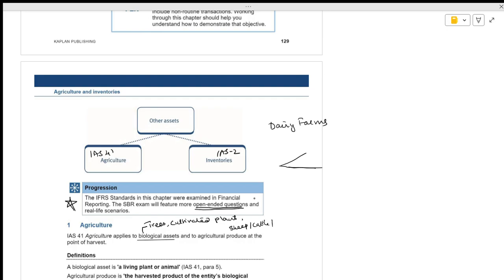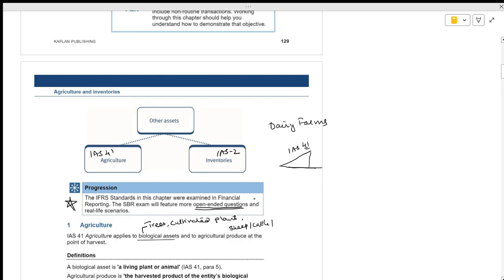What will happen? Very simple: the value of the animals will increase, and they will sell them at a later stage. This is all we are doing in IAS 41.